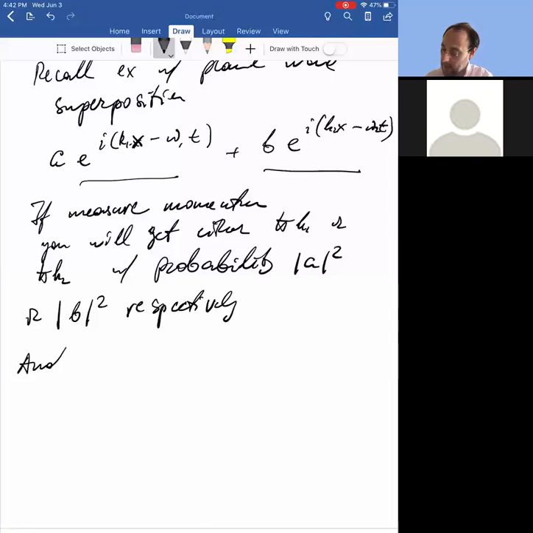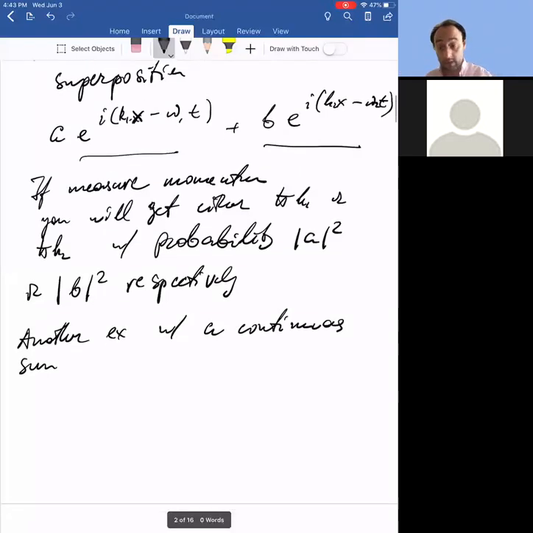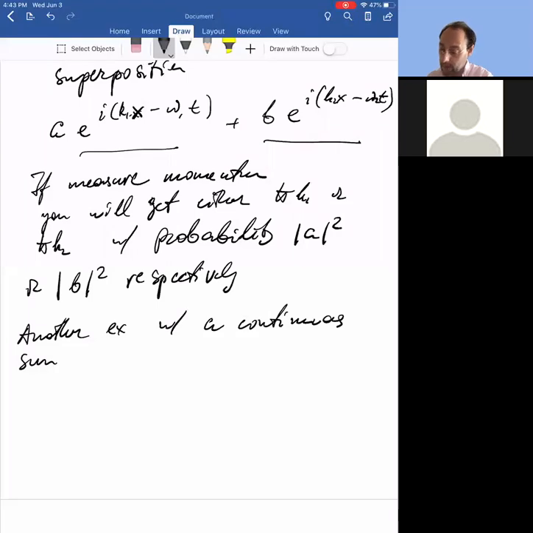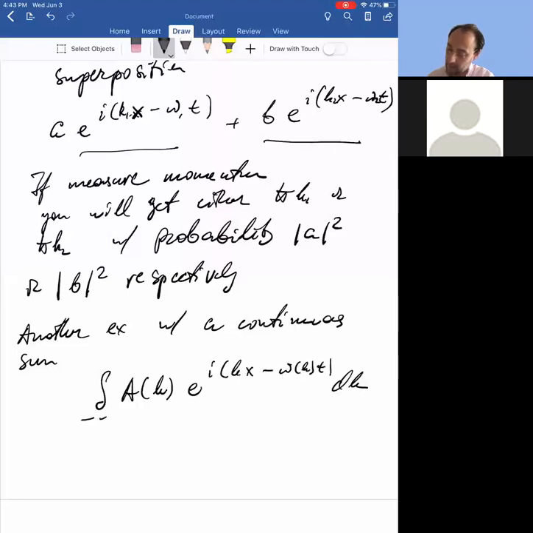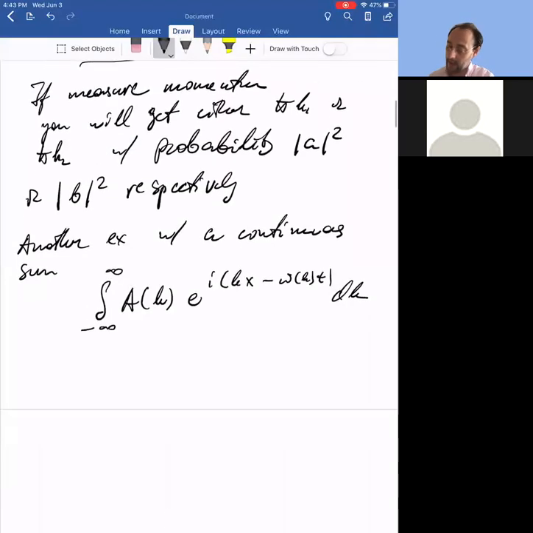with a continuous sum, in other words, not discrete, this momentum or this momentum, but a whole band of momentum, a whole spread of momenta, right? So that's called Fourier transform. So instead of a sum, you have an integral, something like this: a of k e to the i k x minus omega of k t dk, and the momentum usually goes from minus infinity to plus infinity, right?